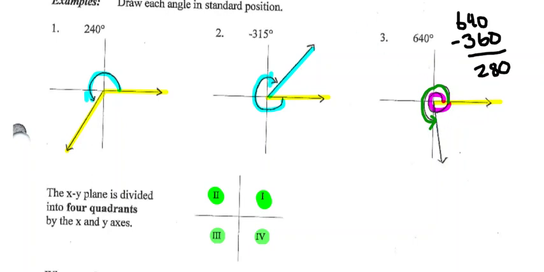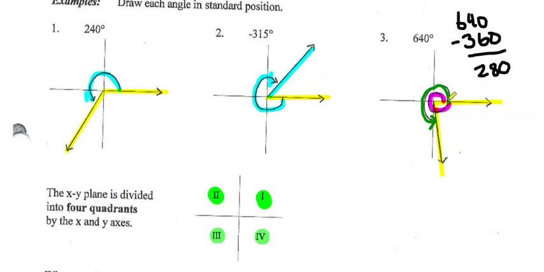This is going to be your terminal arm. Sorry, I wanted that to be thin, but this is going to be your terminal arm here. Okay? You have to have this little spiral indicated so that I know it's going one full rotation and then going on from there.